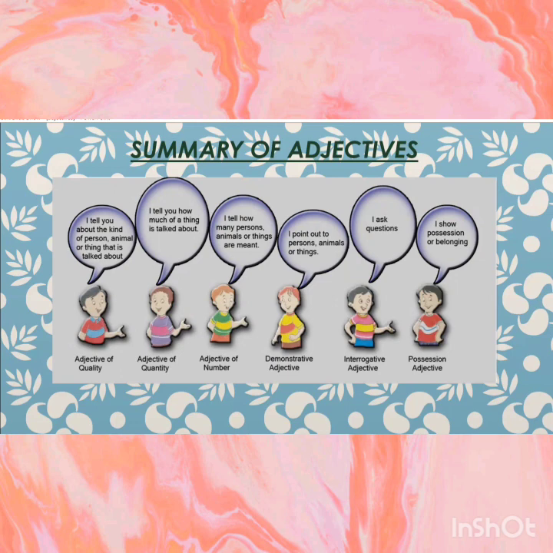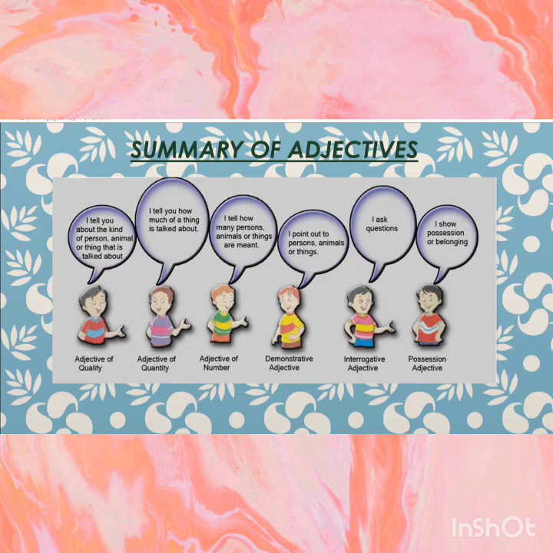I tell how many persons, animals, or things are meant. This is the adjective of number. The next one is I point out persons, animals, or things. This is demonstrative adjective. The next is I ask questions. So it is simply interrogative adjective. And the last one is I show possession or belonging.